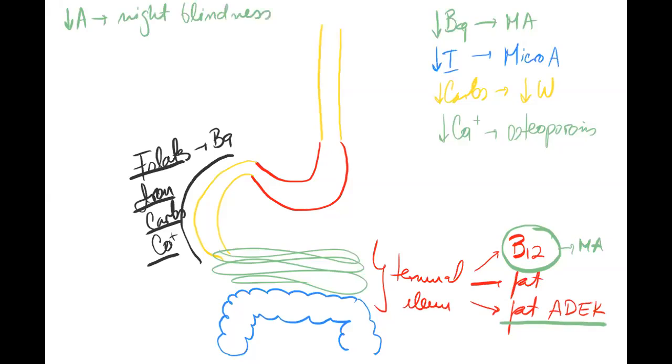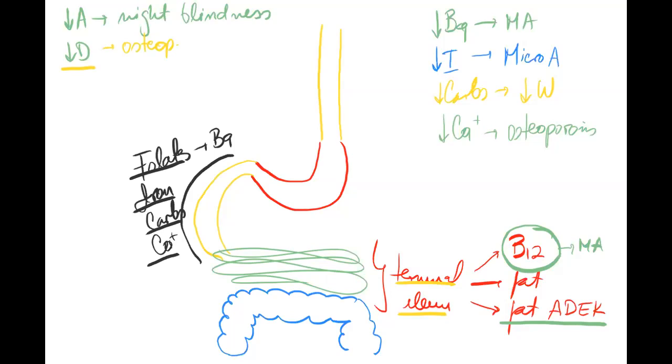Then low levels of vitamin D, because we are getting a problem in the terminal ileum that is decreasing the absorption of vitamins A, D, E, and K. When vitamin D absorption decreases, it is going to show us osteoporosis, because in the normal situation, vitamin D increases the absorption of calcium.